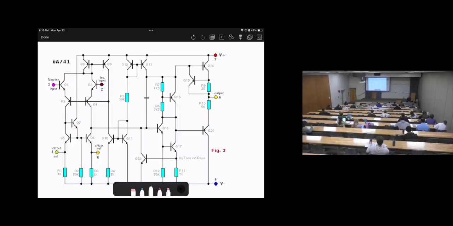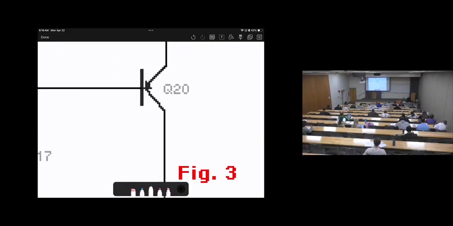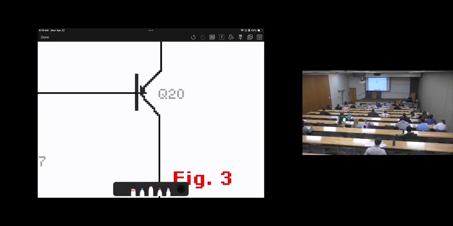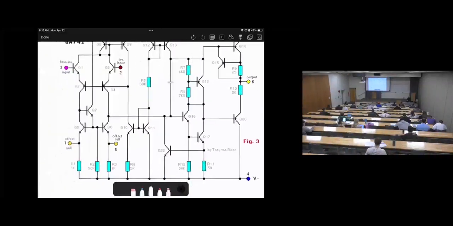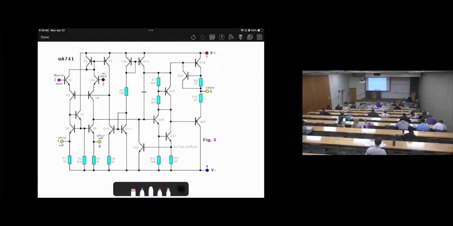Then you can see other things with an arrow and three legs, which are called transistors. So this circuit is actually a combination of transistors, and you see capacitors and resistors. That's one model of the operational amplifier.